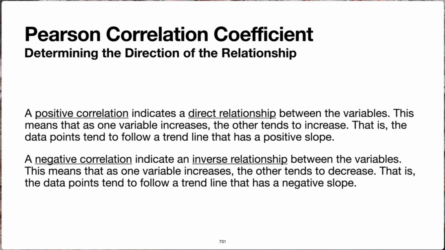That is, the data points tend to follow a trend line that has a positive slope. A negative correlation indicates an inverse or negative relationship between the variables. This means that as one variable increases, the other tends to decrease. That is, the data points tend to follow a trend line that has a negative slope.